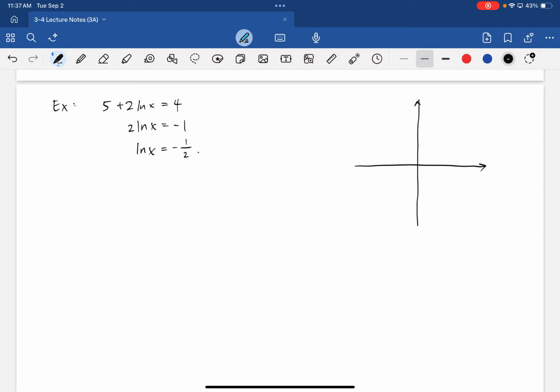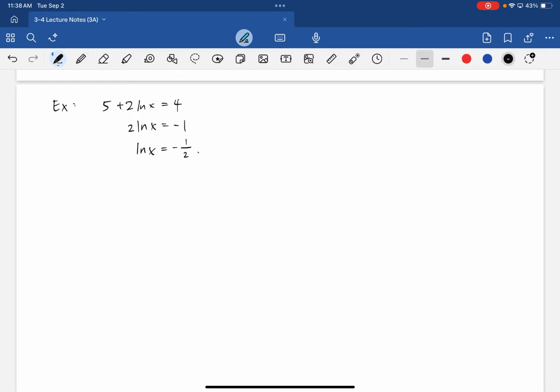Right? If we graph our logarithm, it looks like this, right? So it takes only positive inputs, but actually it can have any output you want. So that was a trick question. This is totally okay. Okay, now what should we do? We have ln x equals -1/2. What shall we do? Yeah, we should exponentiate both sides.